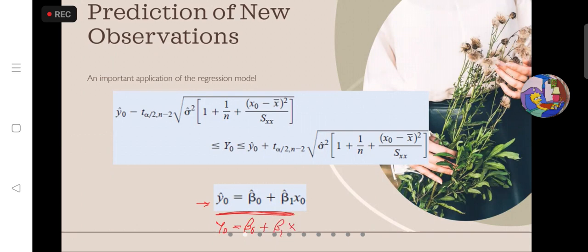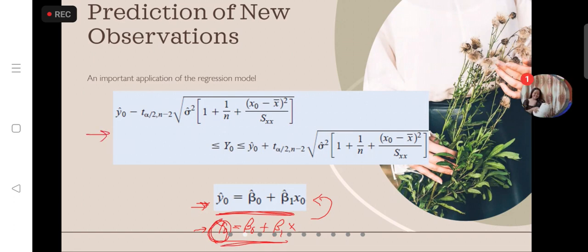But since we cannot explicitly say what these values are, we now have values for this regression model, so we made estimates. So to get possible values for y0, we will use this regression model. Since we have this regression model, we can predict the value for y0 using a confidence interval.